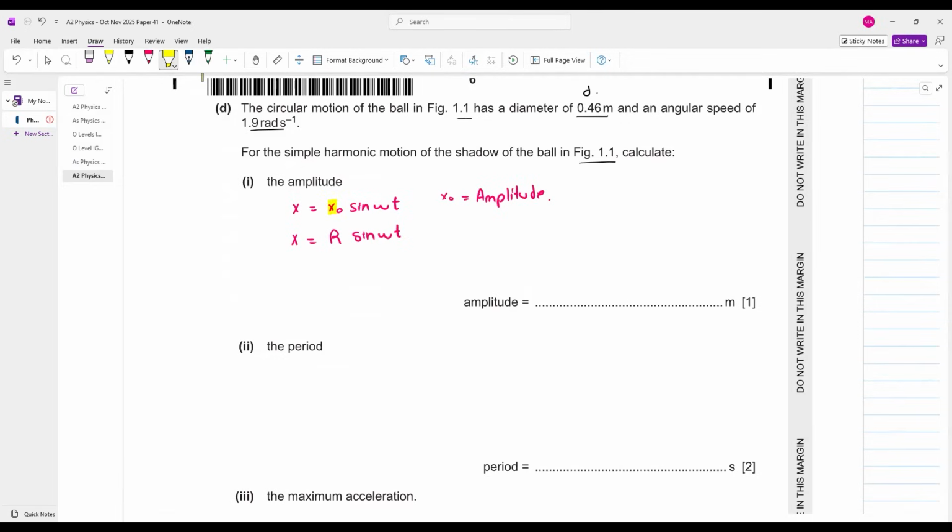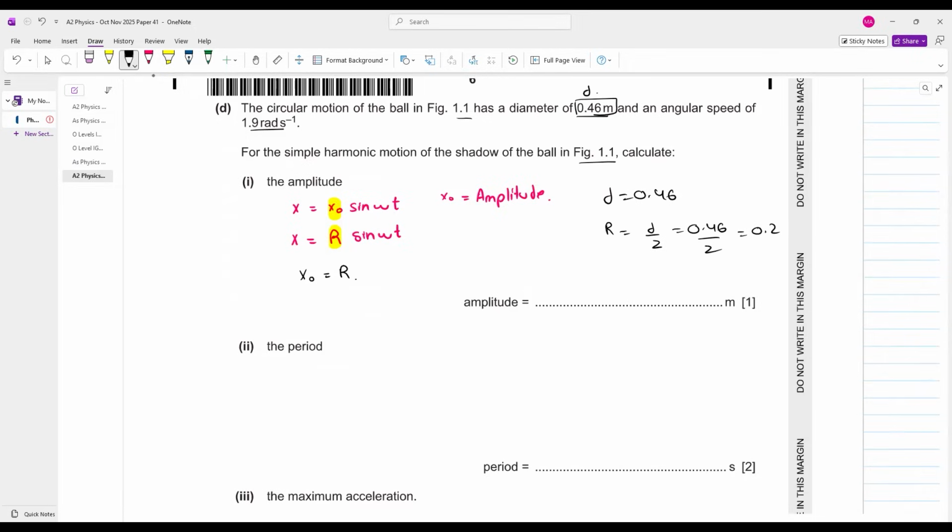Can you realize your amplitude x naught is equal to what? It is equal to the radius r. You are given the diameter, that is 0.46. How will you calculate the radius? Divided by 2. 0.46 divided by 2.